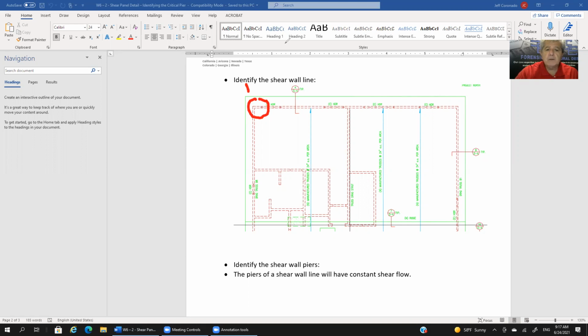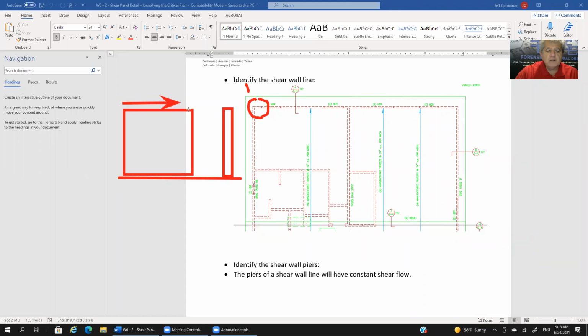So if we were to have a pier, and let's say we have one pier here, and then the next pier over is something like this. The idea is that because of the stiffness of one pier versus the other, the vast majority of the force would go into this pier.